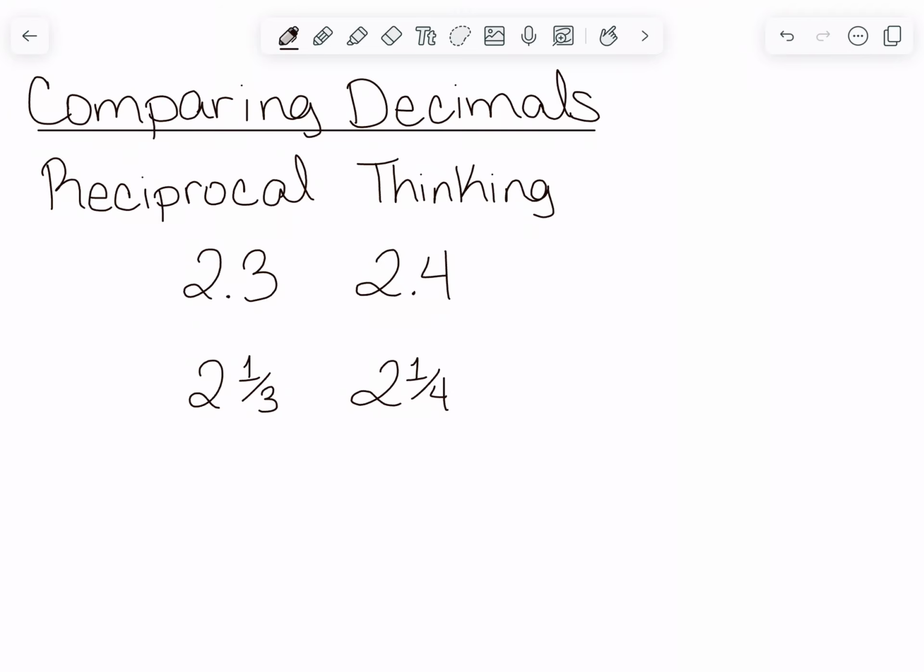They see these as 2 and 1/3 and 2 and 1/4. They then recognize that 1/3 is bigger than 1/4, so they say 2 and 3 tenths is greater than 2 and 4 tenths. However, this is also incorrect. Students will often say that shorter decimals are larger using this thinking, except in the case of those zeros directly after the decimal point.